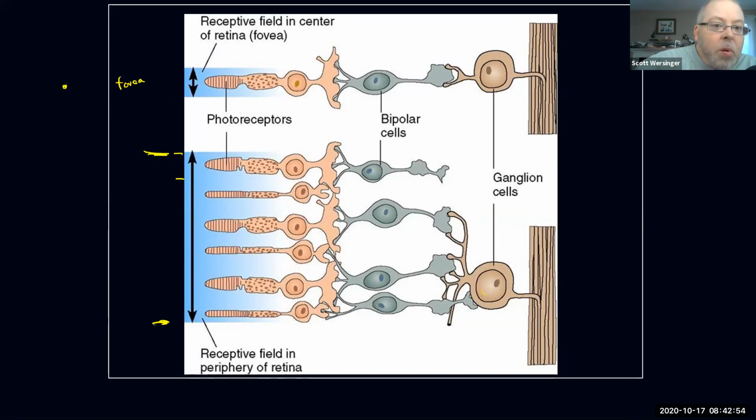Okay, so again, the photoreceptors have the same size receptive field. The ganglion cells, though, this ganglion cell has a small receptive field. This ganglion cell has a larger one. This is good for low levels of light.